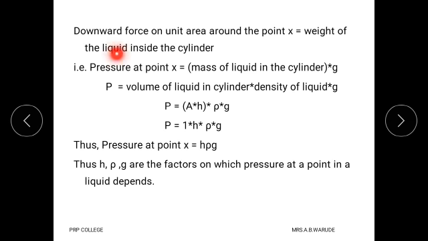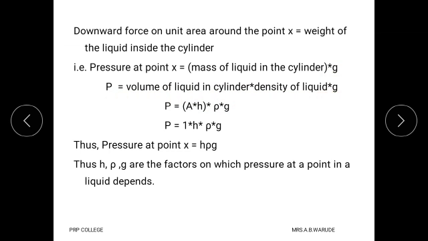And here the downward force on unit area around the point X is equal to the weight of the liquid inside the cylinder, and that is the pressure at point X. It is equal to mass of liquid in the cylinder into G, because as we know, F equals M into G. Therefore we write mass of liquid in the cylinder into G. Therefore P, that means pressure, is equal to volume of liquid in cylinder into density of liquid.